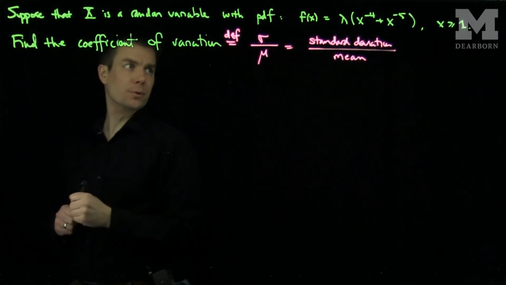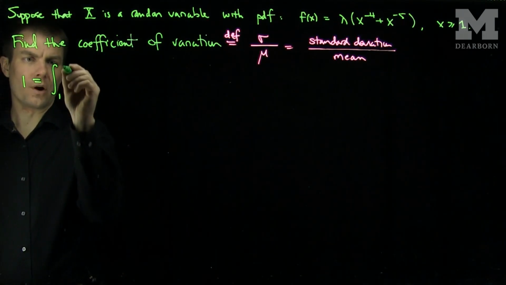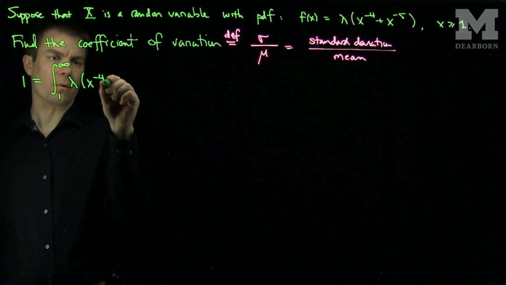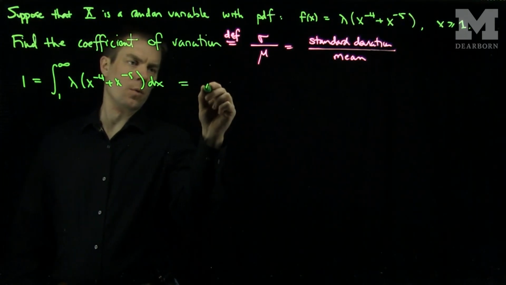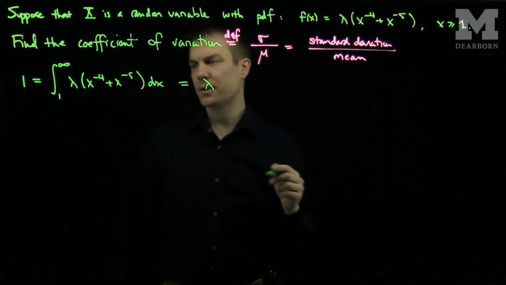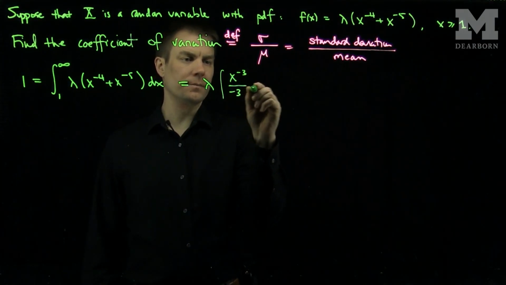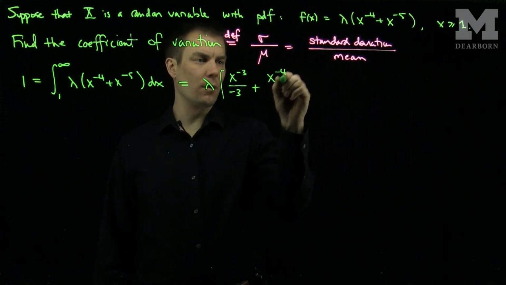So the first thing we'll do is find the parameter lambda. We know that 1 has to be the integral from 1 to infinity of lambda times (x to the negative 4 plus x to the negative 5) dx. An antiderivative of x to the negative 4 is x to the negative 3 over negative 3, and an antiderivative of x to the negative 5 is x to the negative 4 over negative 4.